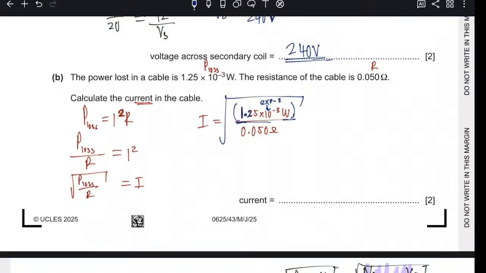Wow. Yes, Aki got it correct. Did you put brackets? What did you get, Tima?